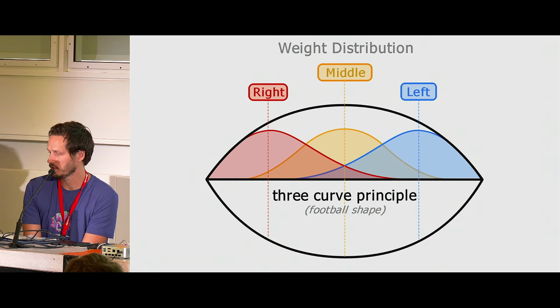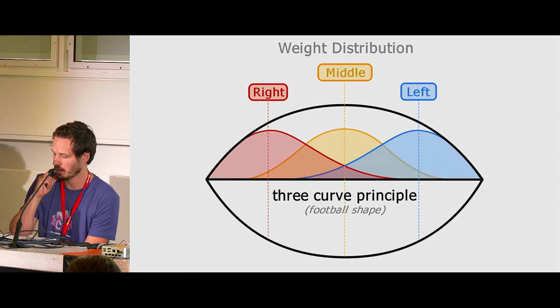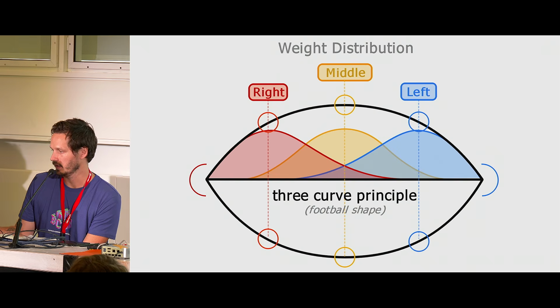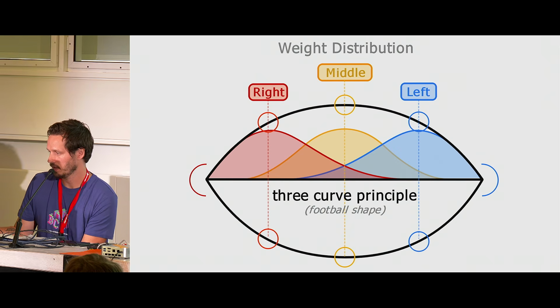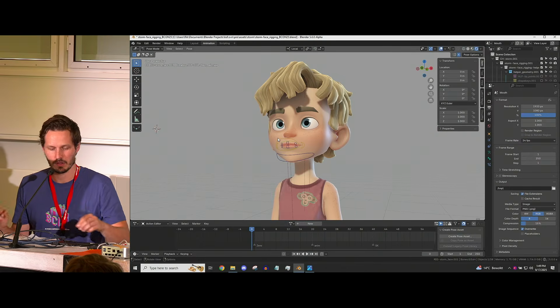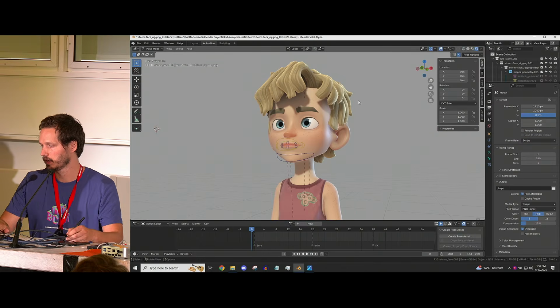It allows us to maintain very clean shapes with only weight distribution. And this is a principle applied to both the mouth as well as the eyes. And adding controls like that, you can already see a little bit how that would work. So we'll dive into Blender right now, taking a look at the character.